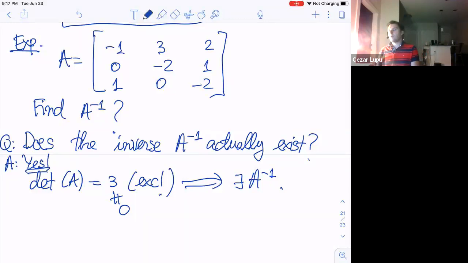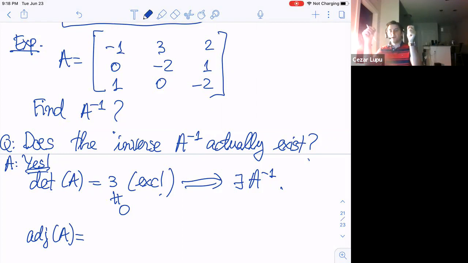Okay, now what do I need to do? Well, I need to compute the adjugate. So the adjugate of A, what you need to do is compute the cofactors of the matrix A, and then you transpose them.